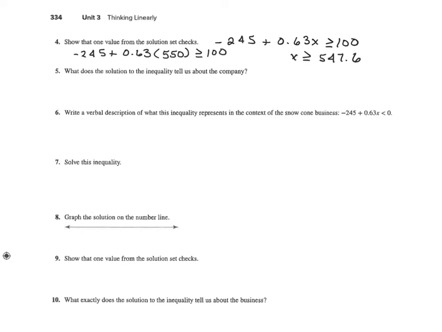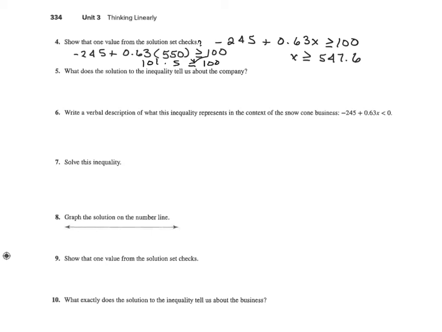So I'm going to pause this. Let's put this left side right here into our calculators and see what we get. Okay, I got 101.5. Is that greater than or equal to 100? Yes, it is. So this checks out.